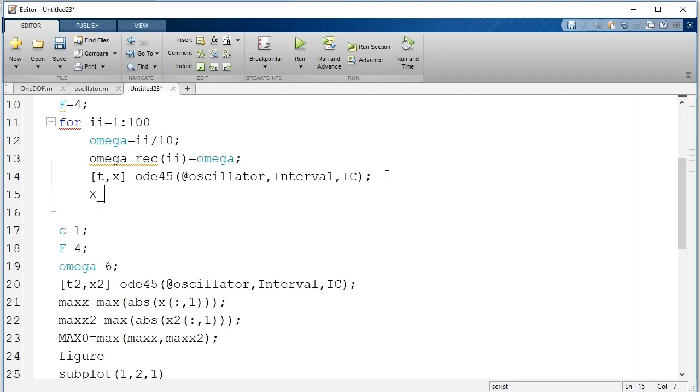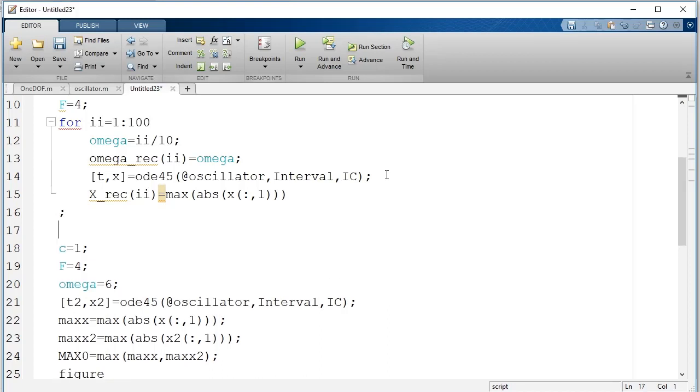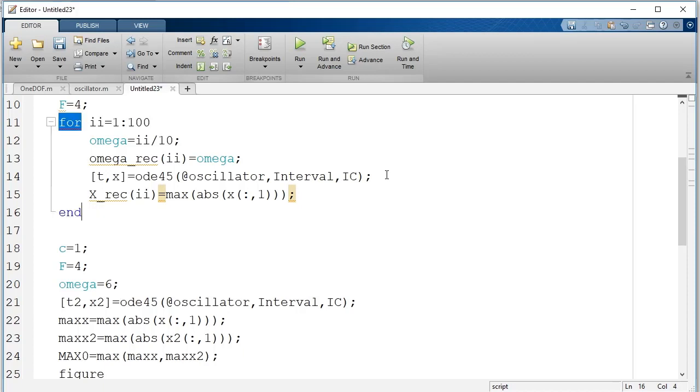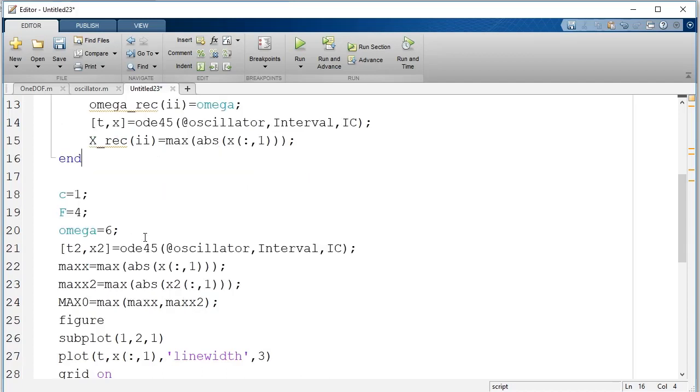So let's say x rec ii is equal to max of the absolute value of x, the first column, which is the position. Then that's basically the end. I want to solve this equation over and over for different values of omega.